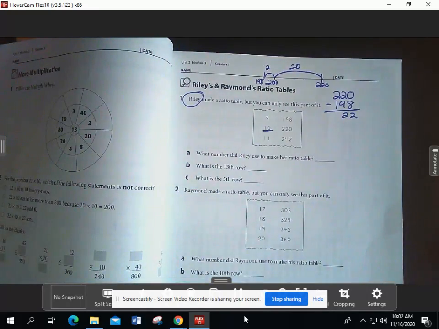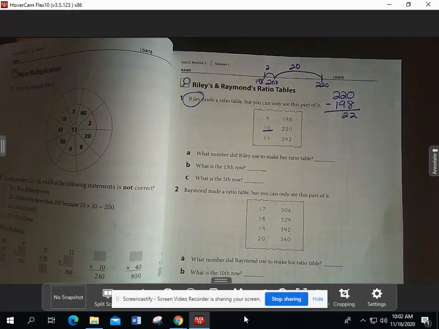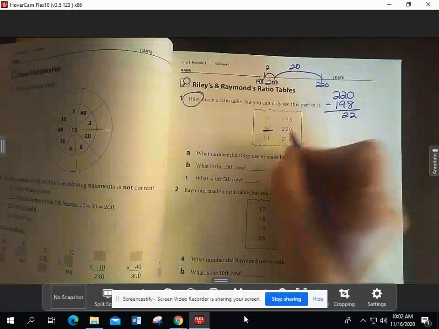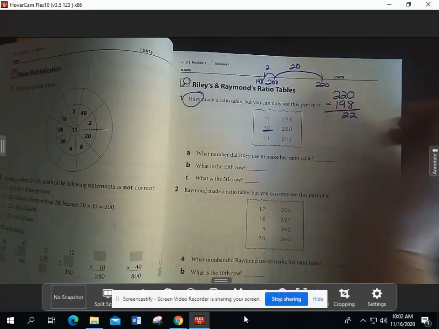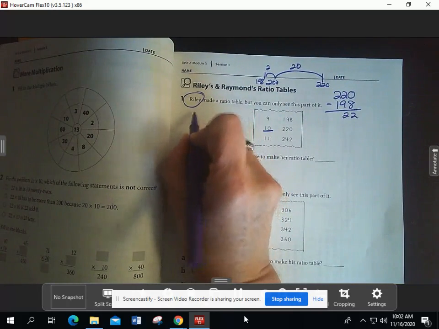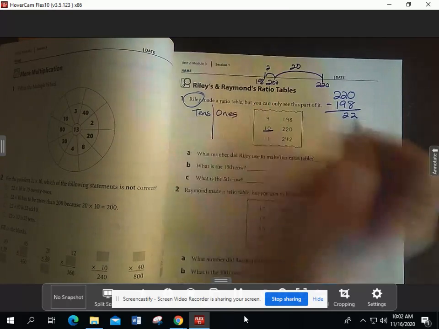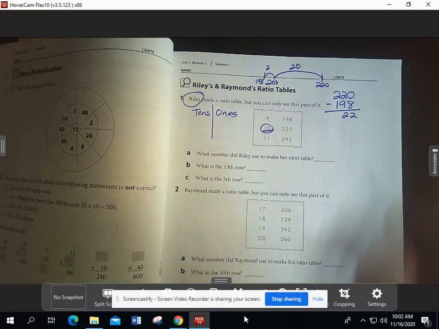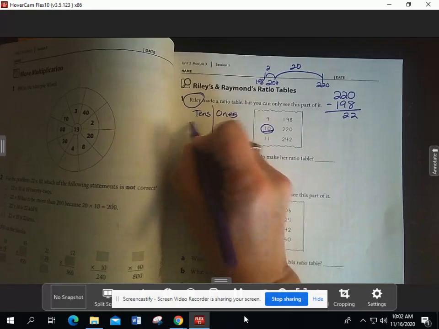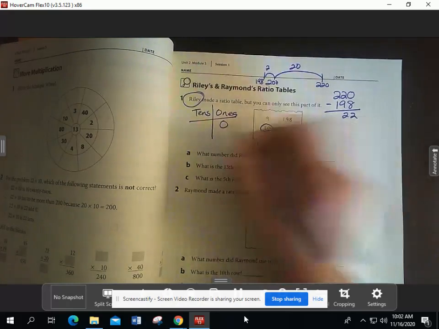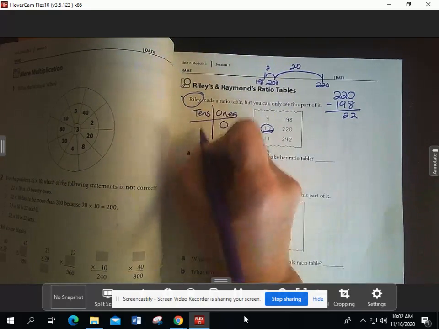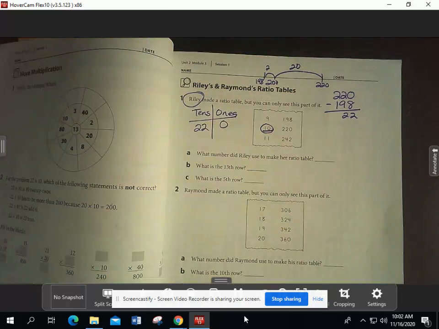I want you to get used to thinking of 10 groups of 22. We have 10 groups of 22. So Luke is going to think about it like this. Here's our 10s. Here's our 1s. I'm saying 10 because that's a 10. He says there's a 0 in the 1s, which gives us 22 10s.